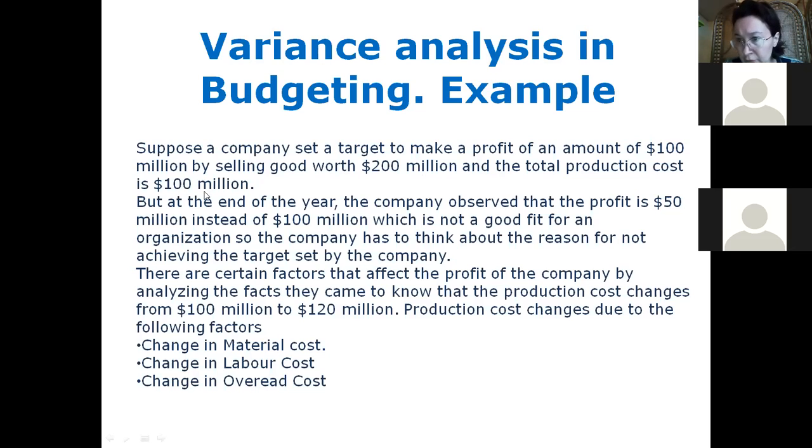But at the end of the year, the company got the results. The profit is 50 million instead of 100 million. And of course, it's not a good fit for the enterprise. And there are certain factors that affect the profit of the company.